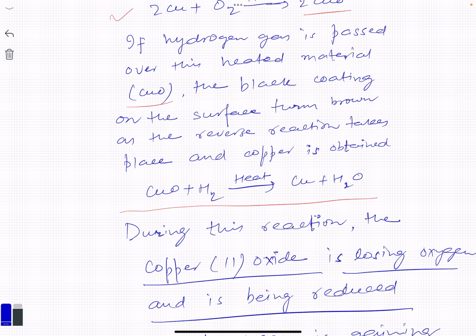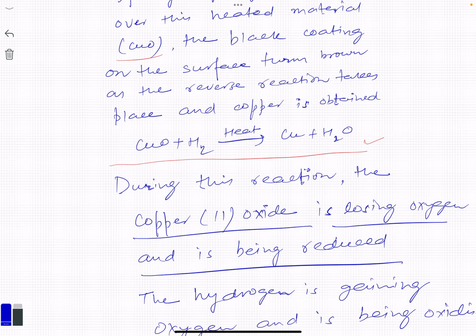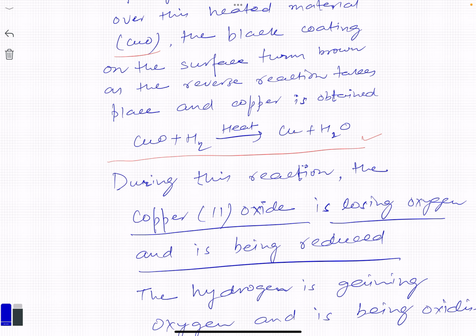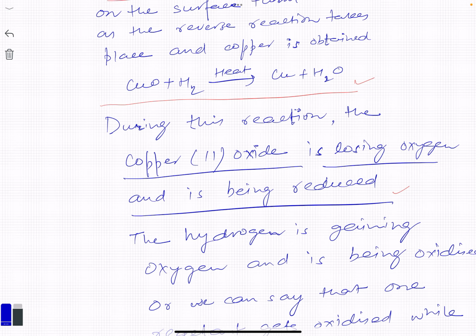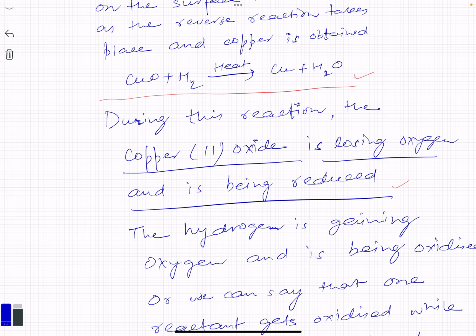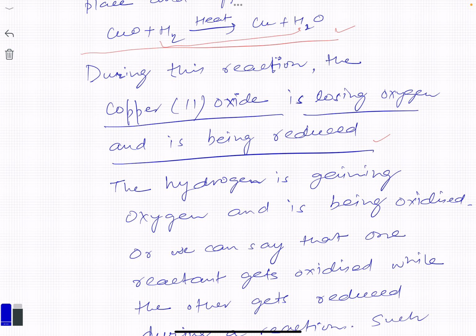CuO, when hydrogen gas is passed through it on heating, gives copper and H2O. During this reaction, copper(II) oxide loses oxygen and is reduced. The hydrogen is gaining oxygen, so it is said to be oxidized.